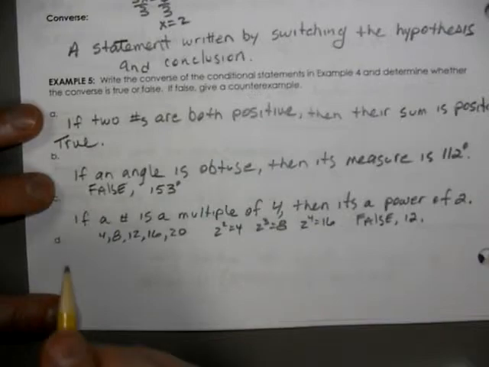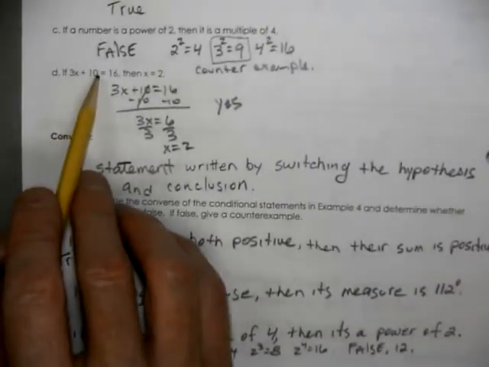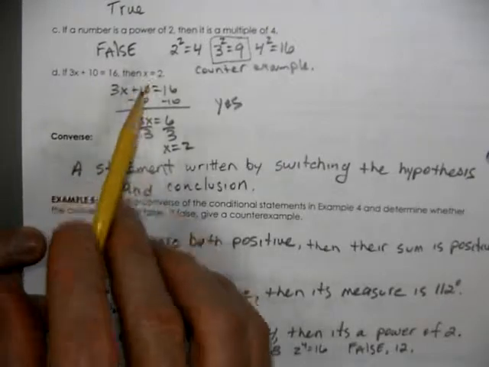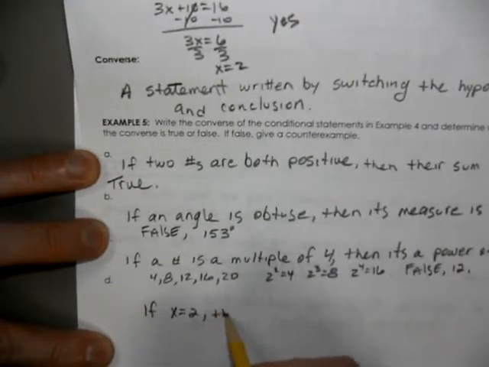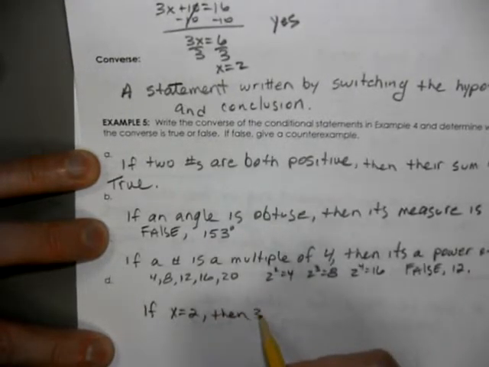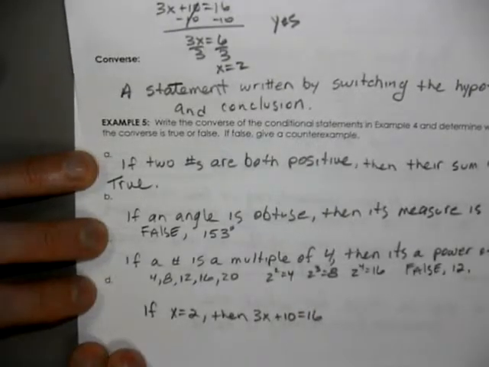Okay, this last one. Originally we said if 3x plus 10 equals 16, then x equals 2. So we're going to say if x equals 2, then 3x plus 10 equals 16.